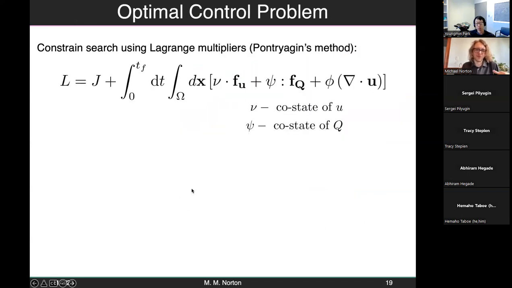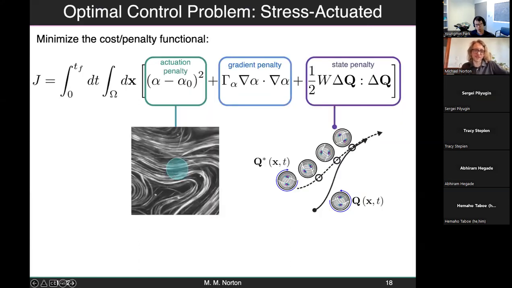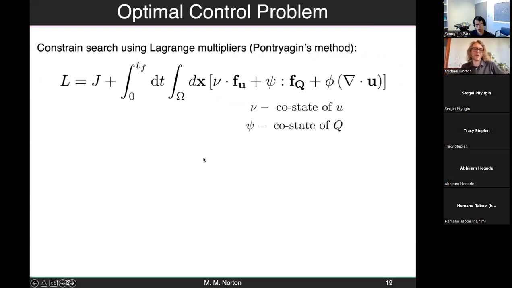And of course, we want to do some kind of gradient descent on this, but we also need to constrain this search to our governing equations, right? And so the natural way to do that is to use Lagrange multipliers. This is what's called Pontryagin's method.